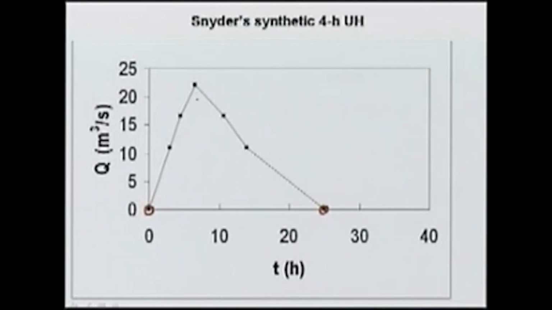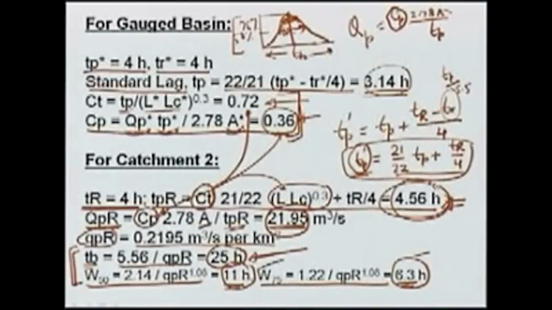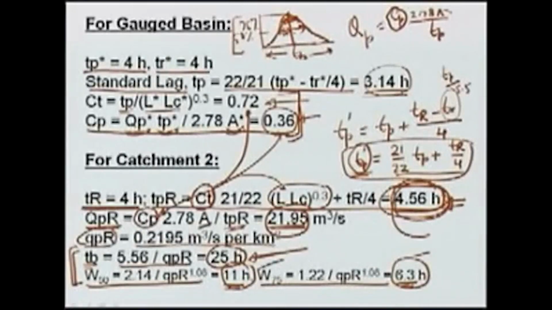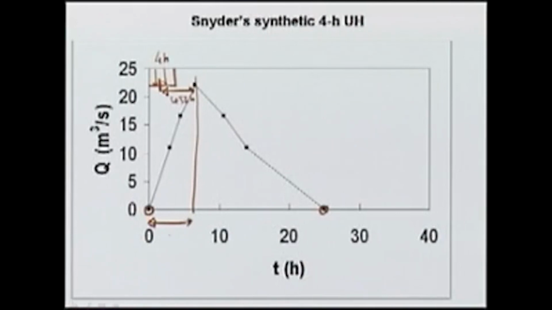Then we have the peak, which should be 4.6 hours from the center of the rain. The center of the rain is at 2 hours, because the rain is occurring up to 4 hours, and from the center this is 4.56 hours based on the value computed here. So, this total should be 6.56 hours.